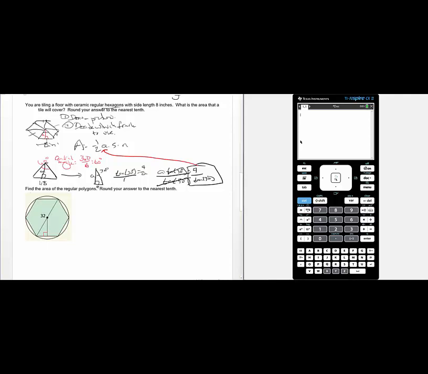I know what the side length is, that's 8. And I can count the number of sides, that's 6. So the area is 1/2, 4 over tangent of 30, times the side length of 8, times the number of sides, which is 6.